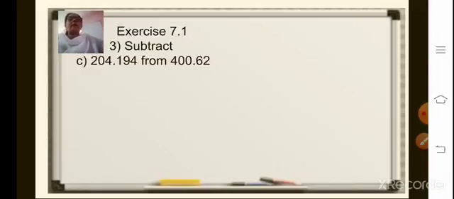The first one is subtract 204.194 from 400.62.